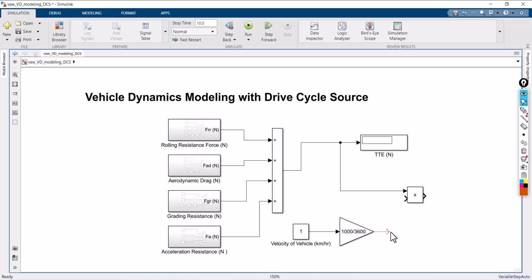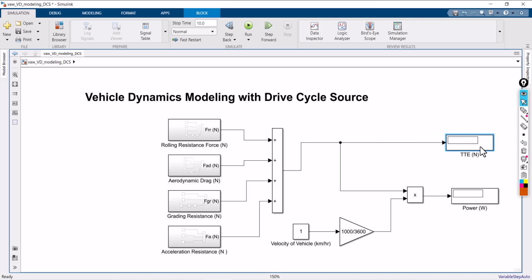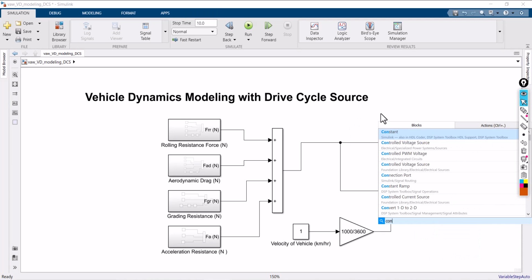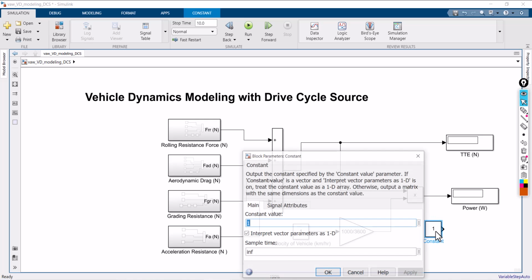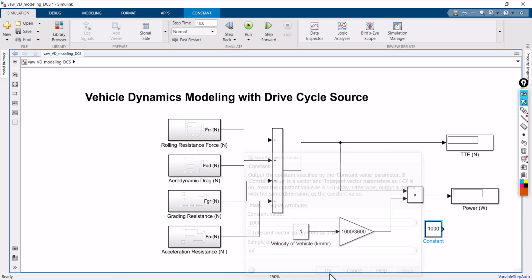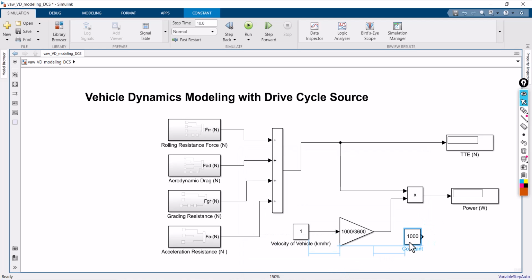Just multiply the force with the velocity, which will give you power required in watts. If you want to see the power in kilowatts, it's very easy. Let me take a constant, and the constant value is 1000. If you divide the watts by 1000, it will give you kilowatts.